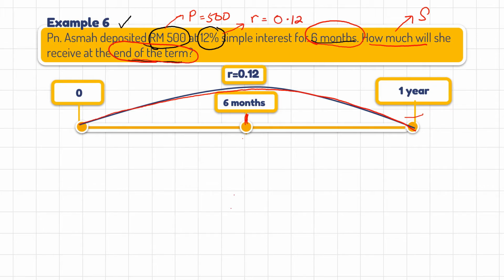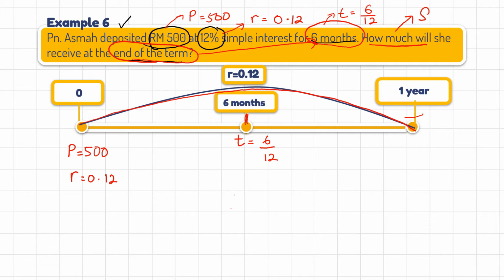Received at the end of the term, referring to the 6 months. Therefore, this will be our T. Remember, in calculation, we should represent our T in years. So it will become 6/12. We have P here, 500 ringgit. Our T is 6/12. Next, our R is 0.12.